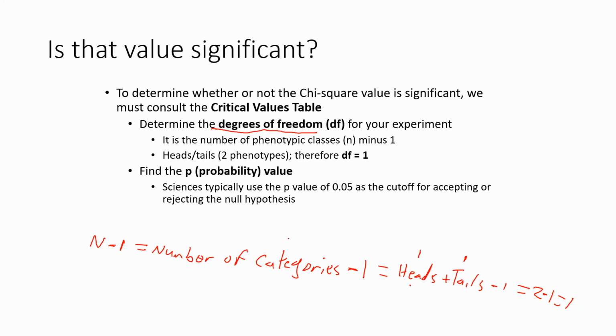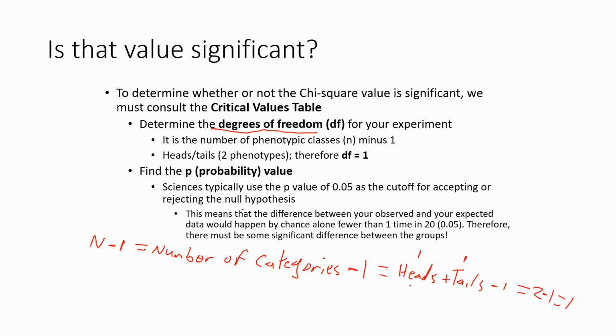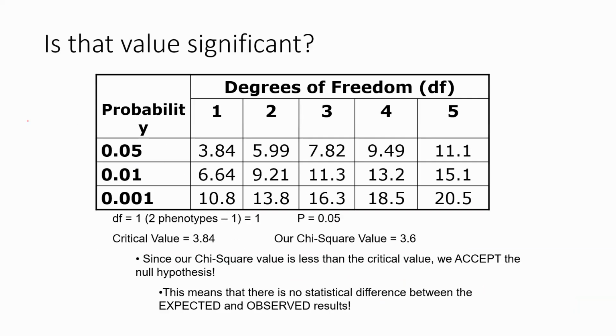Once we have our degrees of freedom, we then need to look on the table. So remember, our degrees of freedom, the DF, equals 1. So when you look at the table now, we have columns marked DF. Our DF equals 1, so we pick column number 1. Okay?